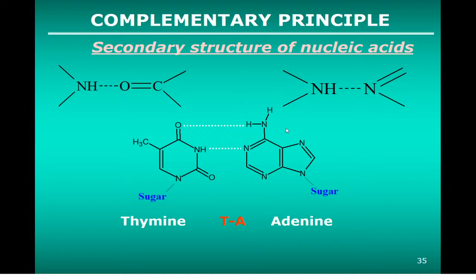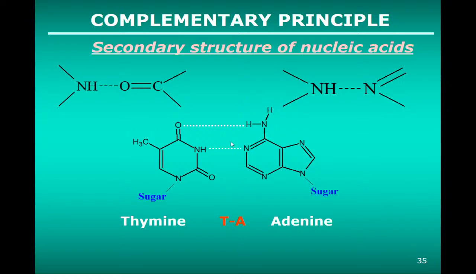Second one, opposite direction, that's why sugar here, polynucleotide chain here, from 5th to 3rd. And our nitrogenous bases are in one line, or they have one plane, both of them aromatic, and they should be in the same plane, to be able to form hydrogen bond.